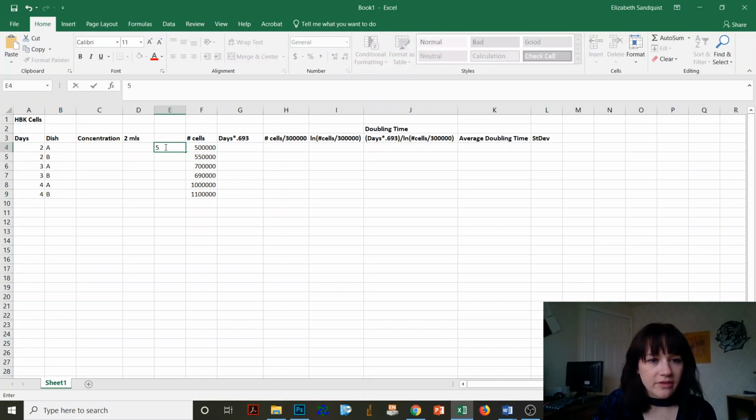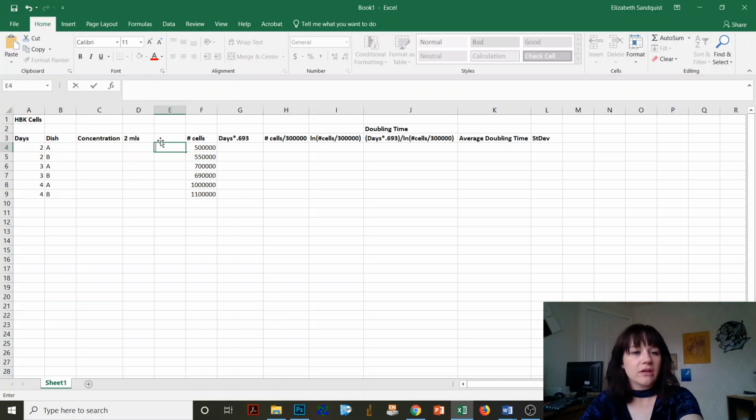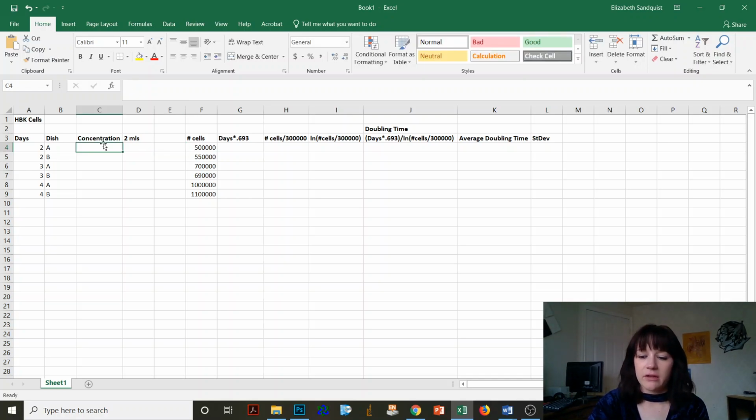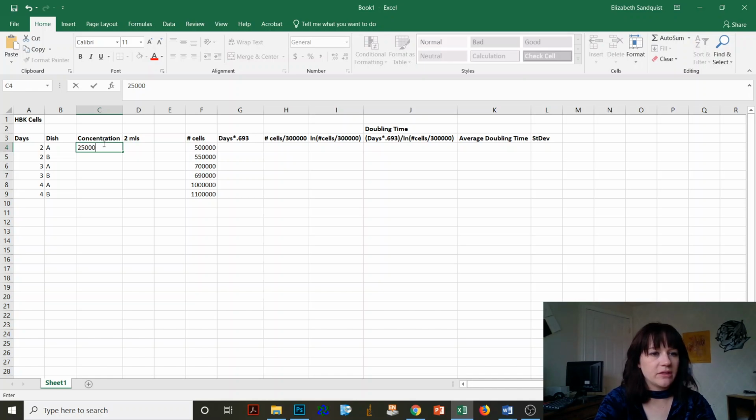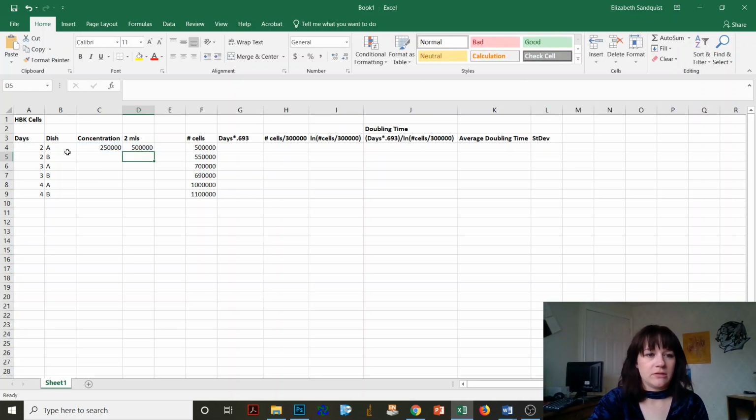So for example, I just made up some numbers here for us to use, right? So if you had 250,000 cells, for example, that you counted, right? If you multiplied that by 2, that will give you the total number of cells, right?